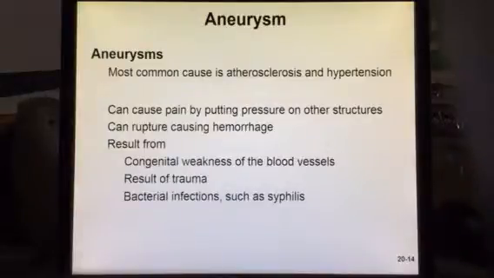The cause of these aneurysms is arteriosclerosis, it's a mouthful, and hypertension, and they can cause pain because there's too much pressure on other structures, and eventually can rupture. This comes from weakness of the blood vessels. It could be from trauma, also could be from bacterial infections.